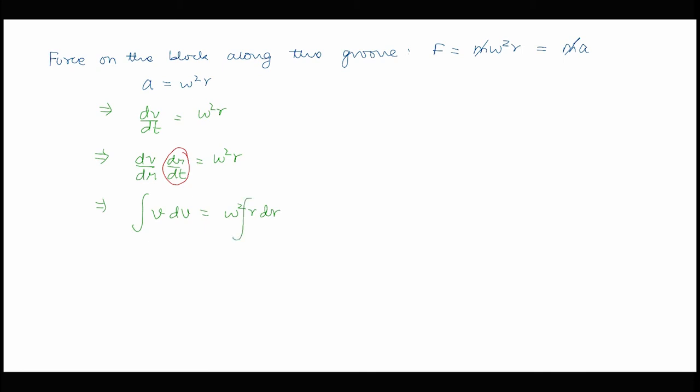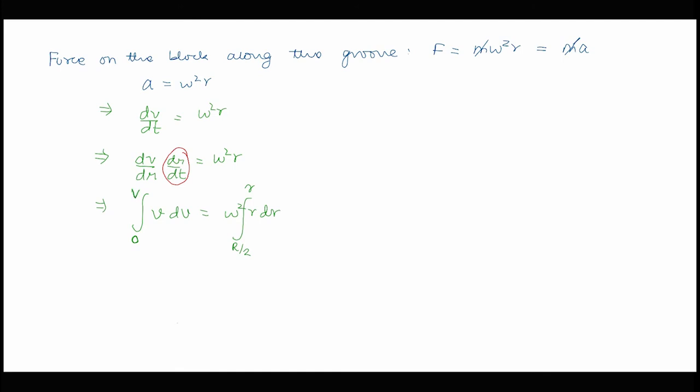So on integrating both sides, the value which we are going to obtain is, initially the block was gently placed at r by 2, so there was no velocity in the x-axis direction, and after traveling a certain distance r along the groove, we say that the velocity which it attains is equal to v.